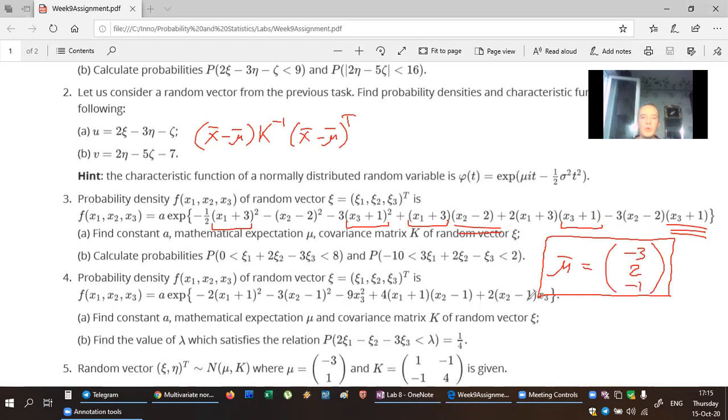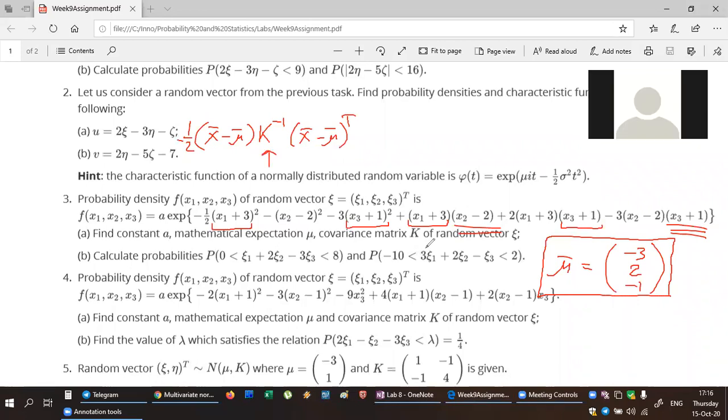So I hope everybody got this result. All right. More interesting is what the matrix K in the power of minus 1 is. By the way, there should be minus 1/2 in front of the expression. So did anyone already get what the matrix K minus 1 is?